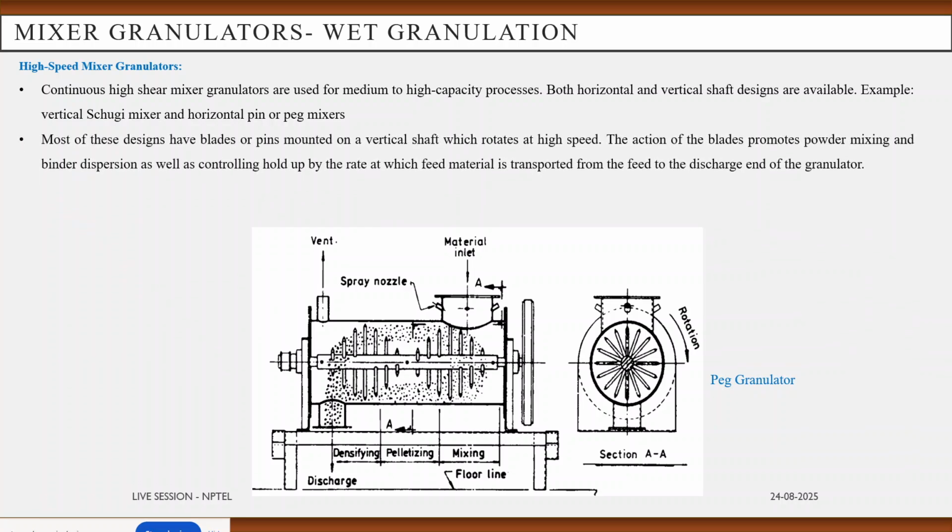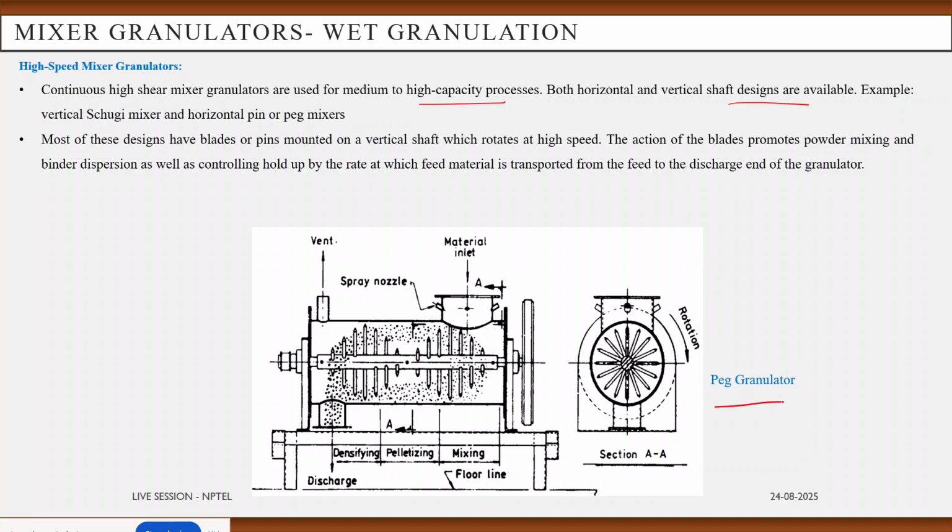And continuous high shear mixer granulators are used for medium to high capacity processes. Both horizontal and vertical shaft designs are available. Examples are the vertical Schugi mixer and the horizontal pin or peg mixer.